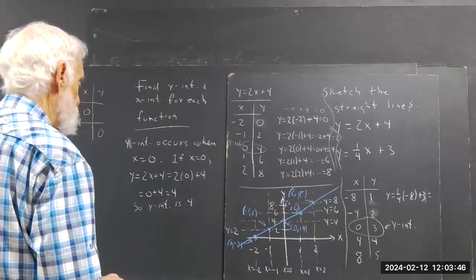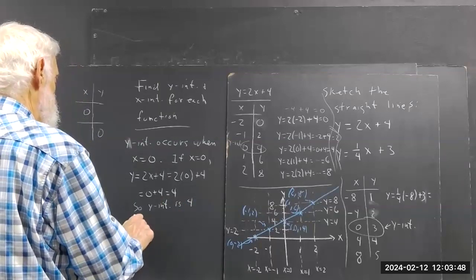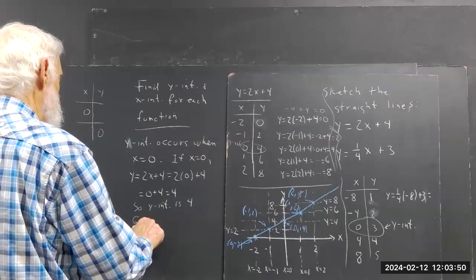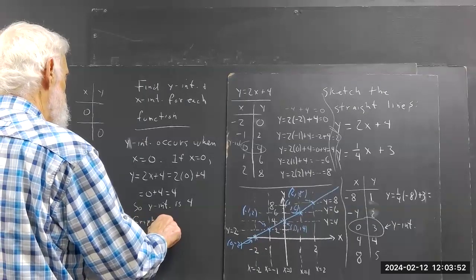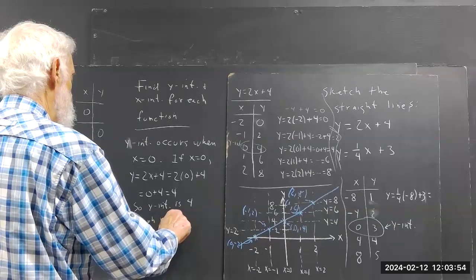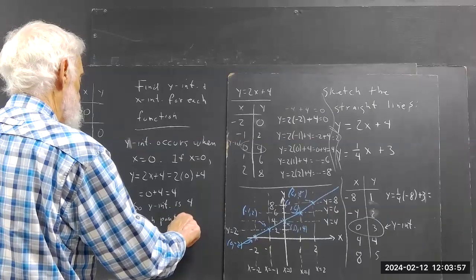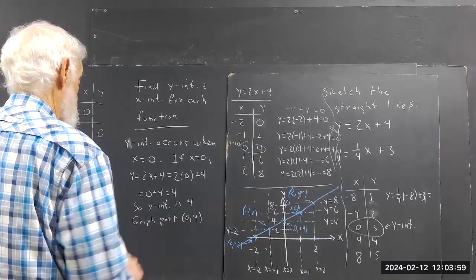The y-intercept is 4. The graph point is (0, 4).